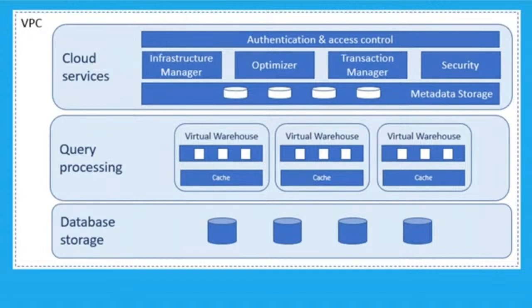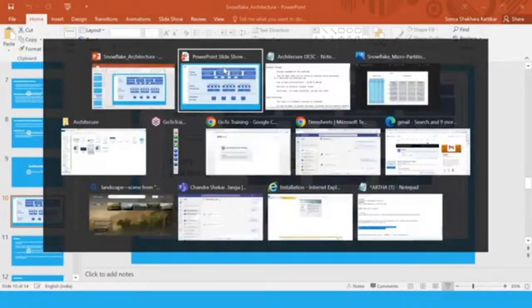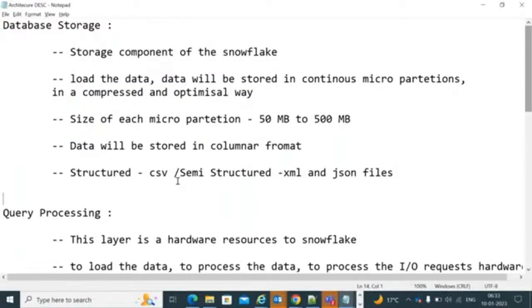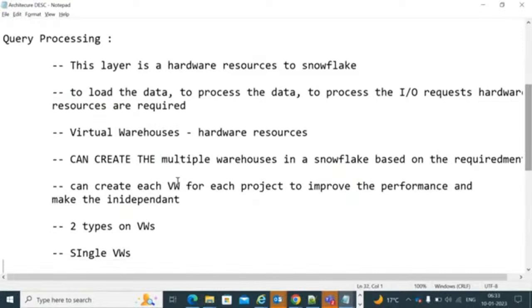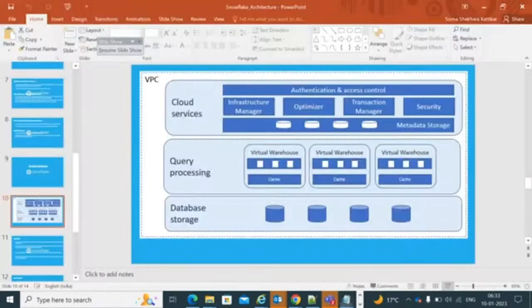So whatever you do, data load, data processing, or data retrieval, your hardware resources are required to process your request. Virtual warehouses or hardware resources can be created multiple times. See here, till here you are clear, right?